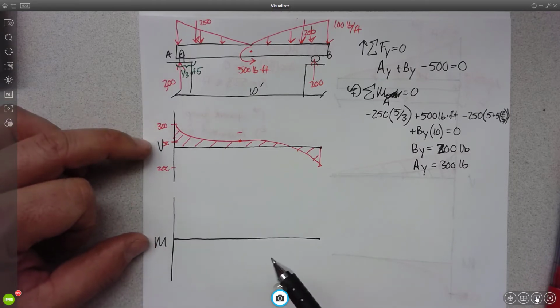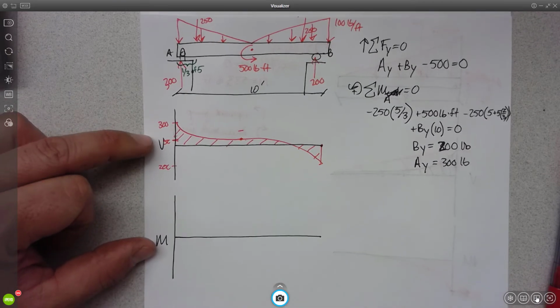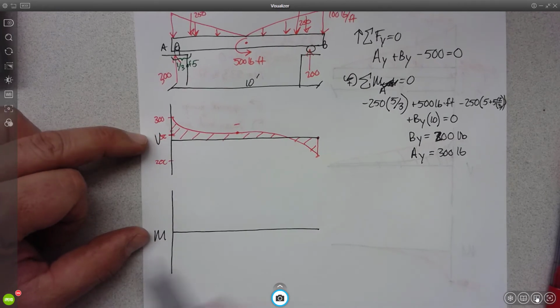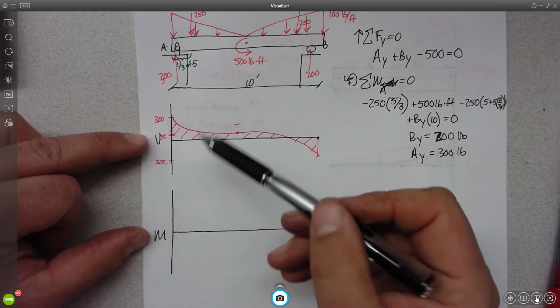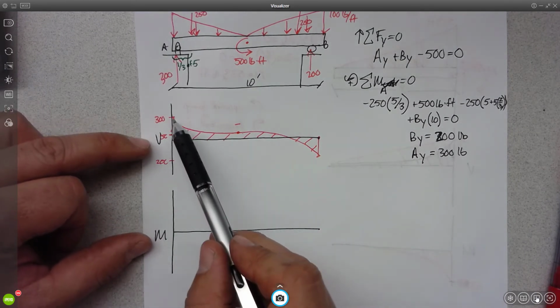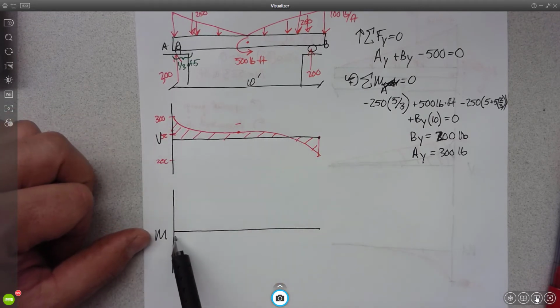Well, just generically, what does the shear diagram tell me about the moment diagram? No, I mean generically. Like don't pay attention to these two. If I have a shear diagram, what does it tell me about my moment diagram? It tells me the slope. So the value of the shear diagram tells me the slope of the moment diagram.